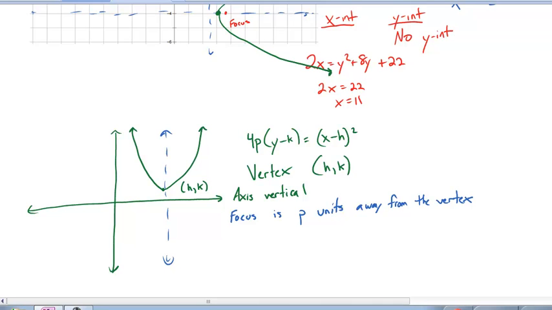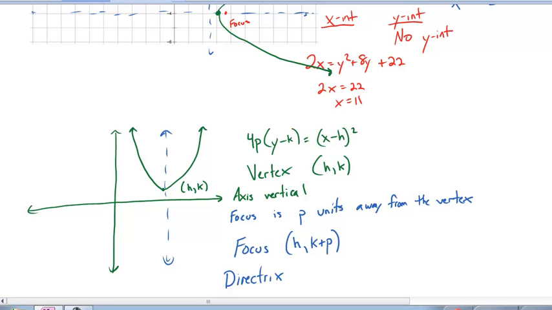So I can always find the focus by taking the coordinates and thinking about which of the two has to change based upon the axis. And when we have a vertical axis, that means that the focus is going to be above the vertex. So I want to move in the vertical direction. So I have h and k plus p. Those will be the coordinates of the new focus. And secondly, I have the directrix.